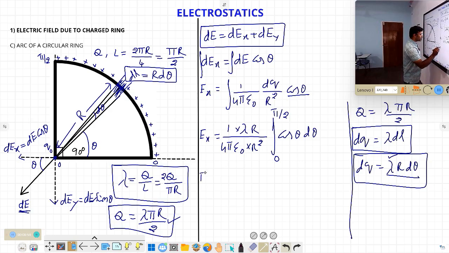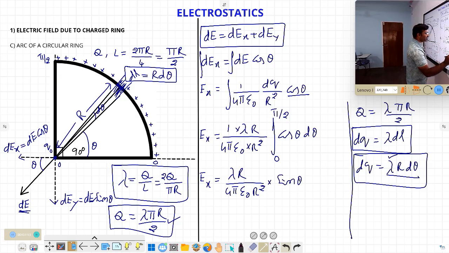If you calculate this, what are you going to get? The electric field along the x-axis is lambda r by 4 pi epsilon naught r square, into the integral of cos theta, which is nothing but sin theta. The lower limit is 0, the upper limit is pi by 2. If you apply this, sin 90 is equal to 1, and sin 0 is equal to 0.